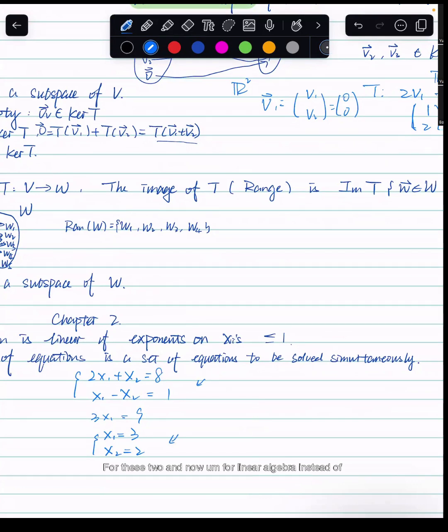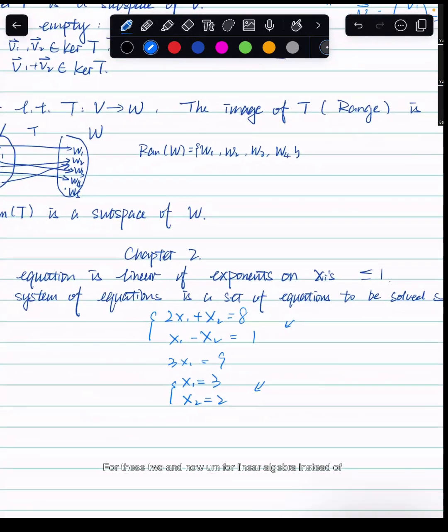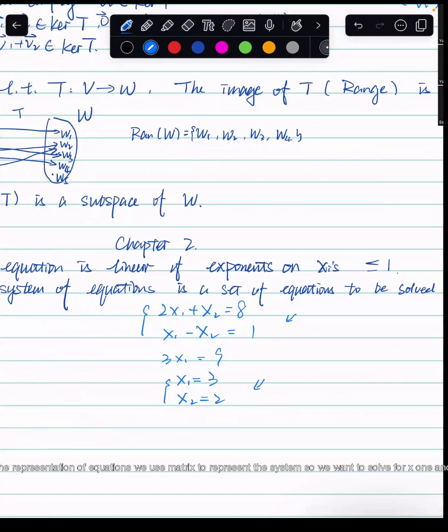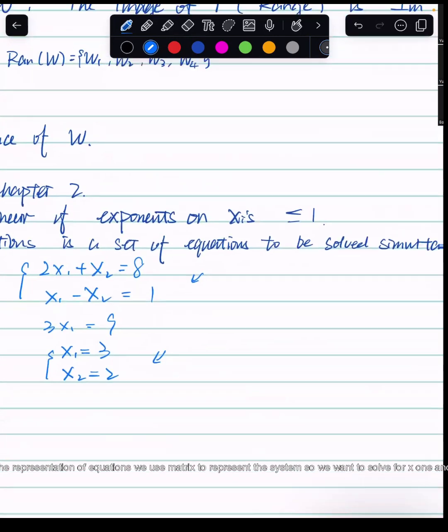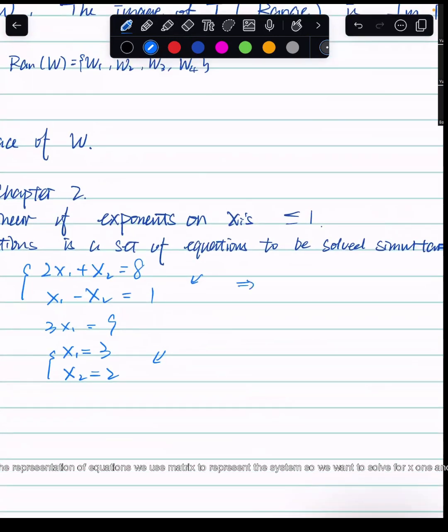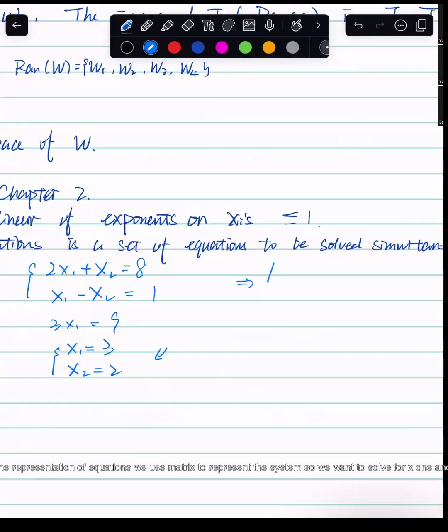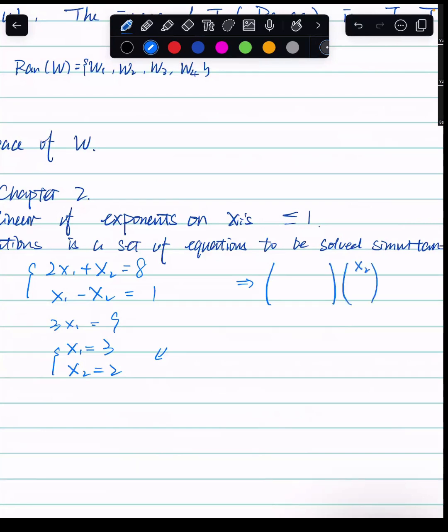And now for linear algebra, instead of using the representation of equations, we use a matrix to represent the system. So we want to solve for x1 and x2. For matrix multiplication, we know it's row times column.